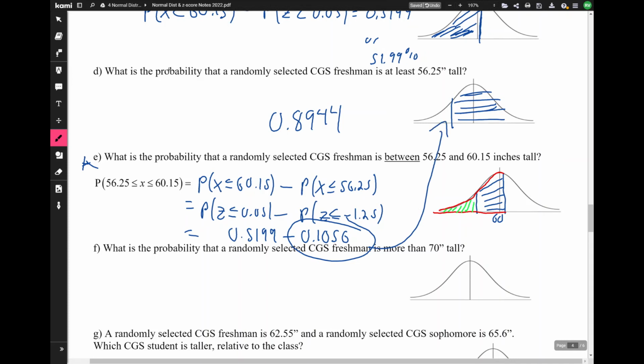So this number is 1 minus 0.8944. When you subtract that, you get 0.1056. All right, so in the end, we get an answer of 0.4143.